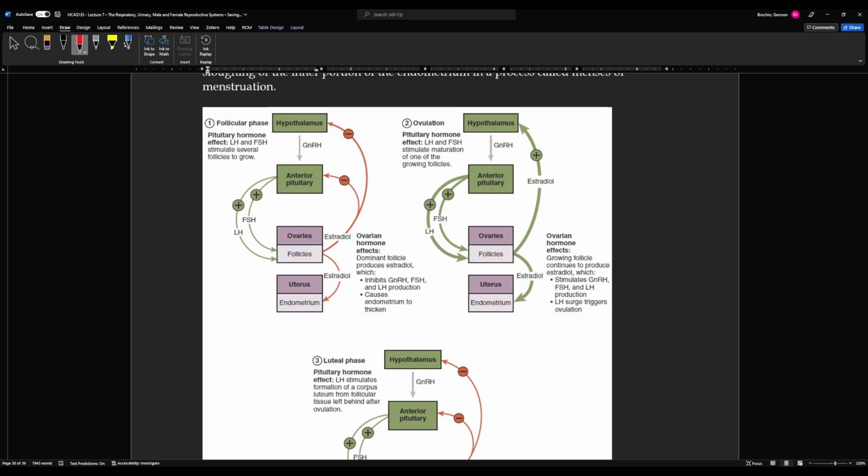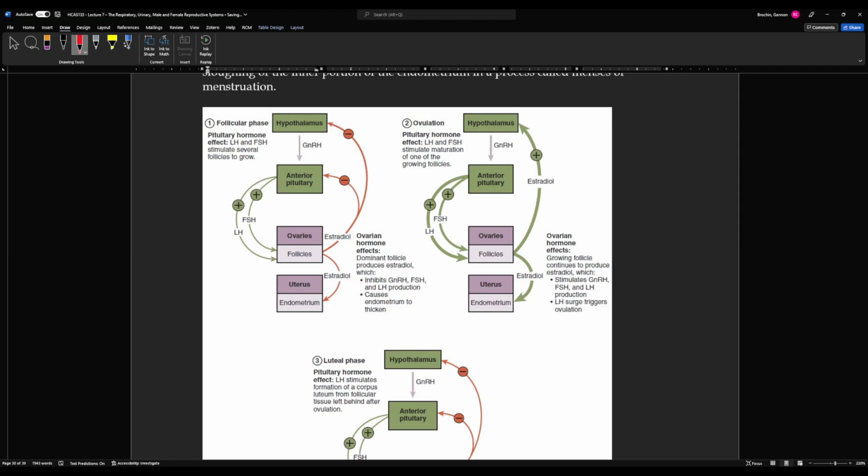The primary effect of this is on the follicle itself, and it's going to cause the endometrium to thicken up as well, which is a preparatory step.